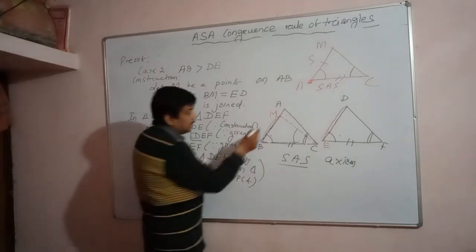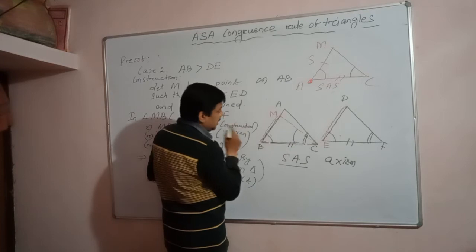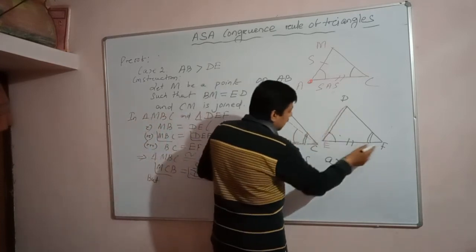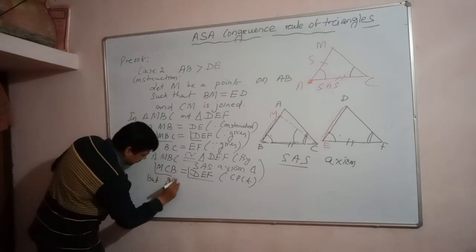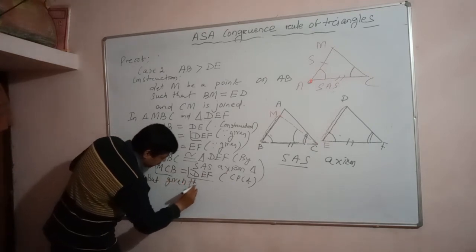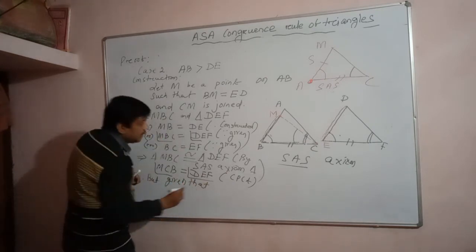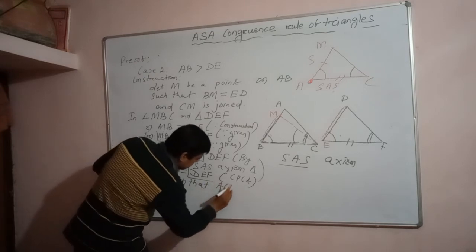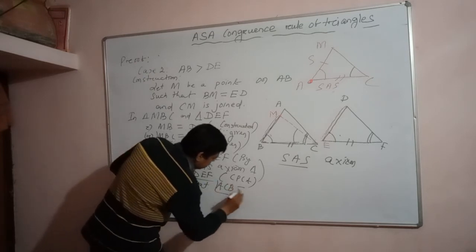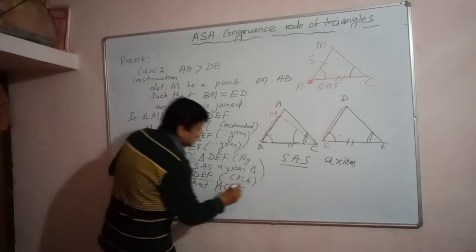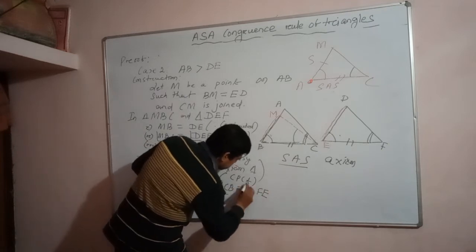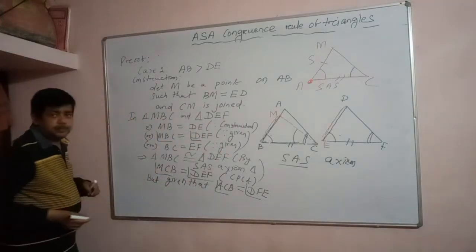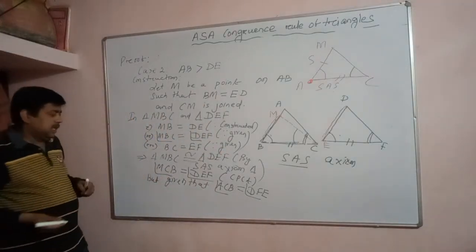It is given that ACB angle is equal to DFE angle. ACB angle equal to which angle? DFE angle. Is it given or not? It is given.